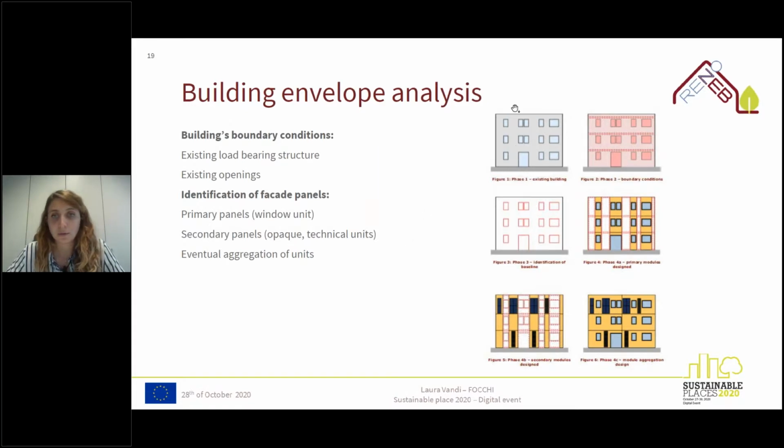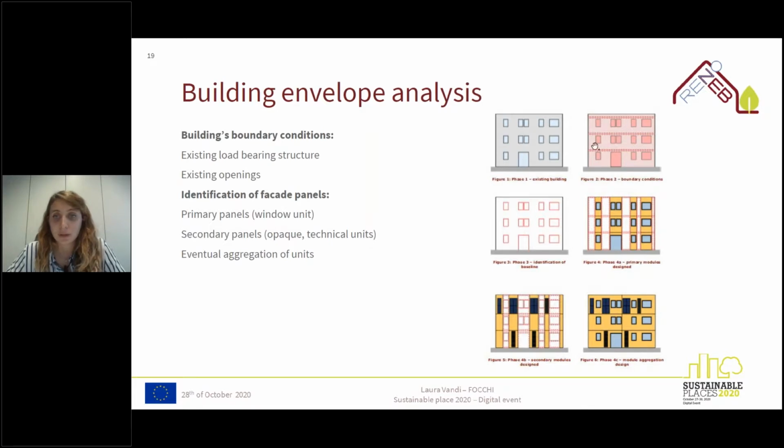We need to keep in consideration that we deal with an existing building and analyze the load-bearing structure, the existing openings, the thickness of the facade, the typology of the building, the typology of the foundation of the building.